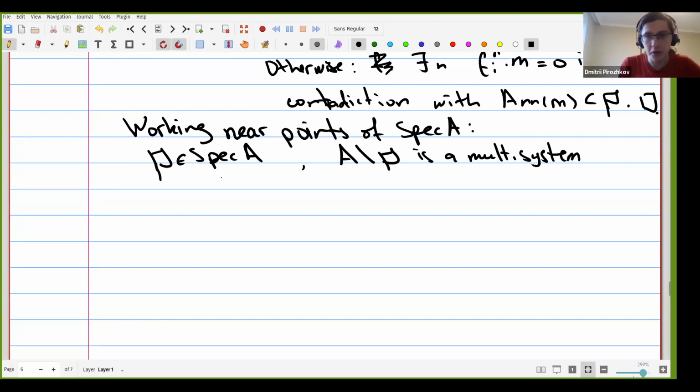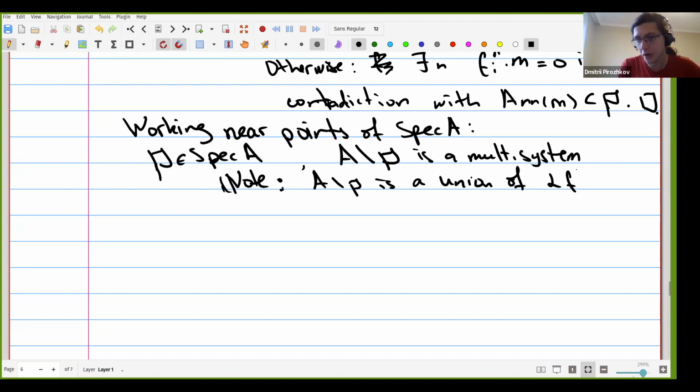Note that one of the ways to think of this multiplicative system is as a union of those basic multiplicative systems that we have discussed above, for all f which do not lie in the prime ideal, or in the language of functions, for all functions that do not vanish at this point.